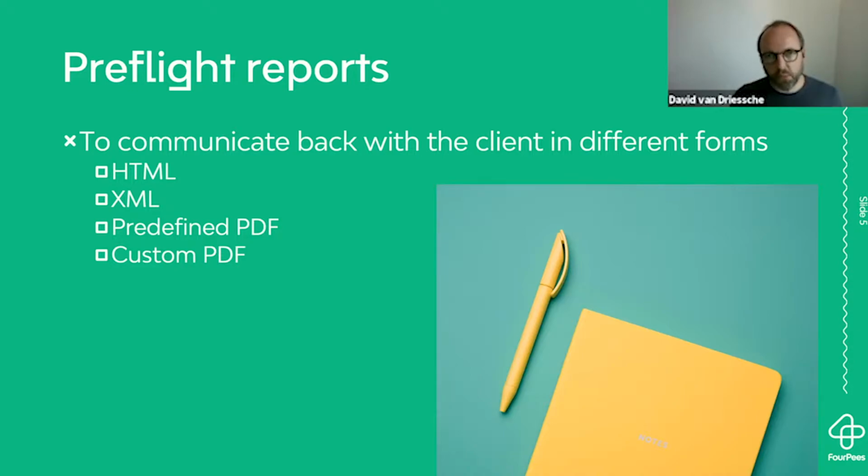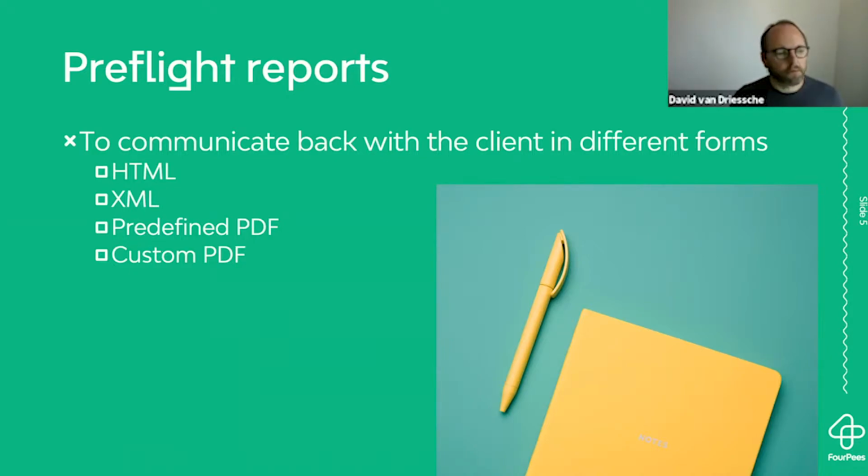If the document is good, you won't have any errors. You don't have to fix anything, so there might not be any correction messages in there. But all of these things happen during preflight, and then preflight reports is what you use to communicate that back to the next step in the chain. And that could be through an HTML report.